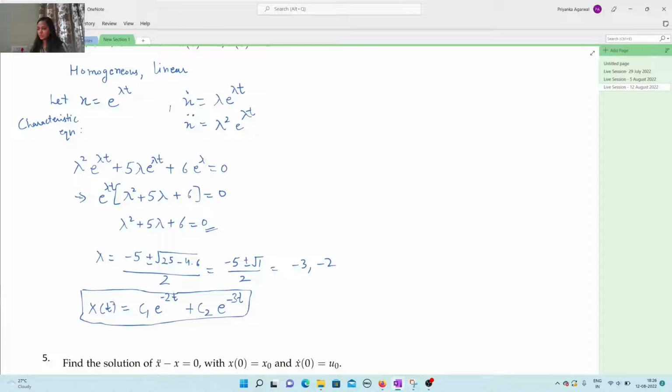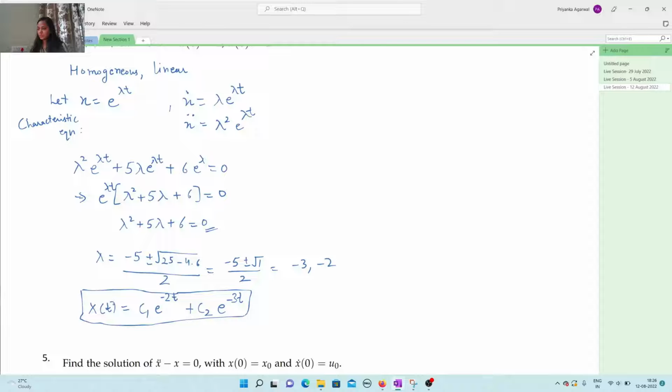So this would mean x prime is C1 e to the power t minus C2 e to the power minus t. Simply by differentiating this, we get this. Now if we use this initial condition, we will get u0 equals C1 minus C2.